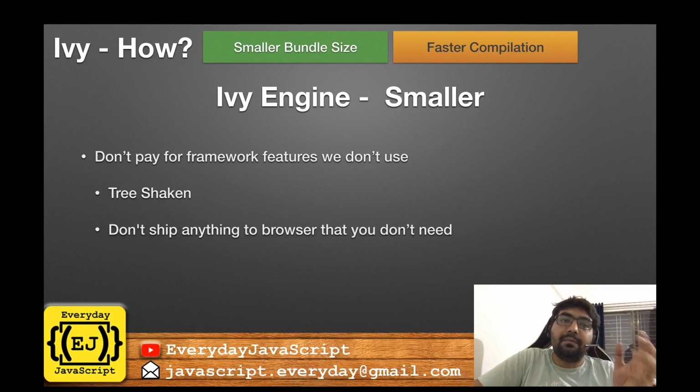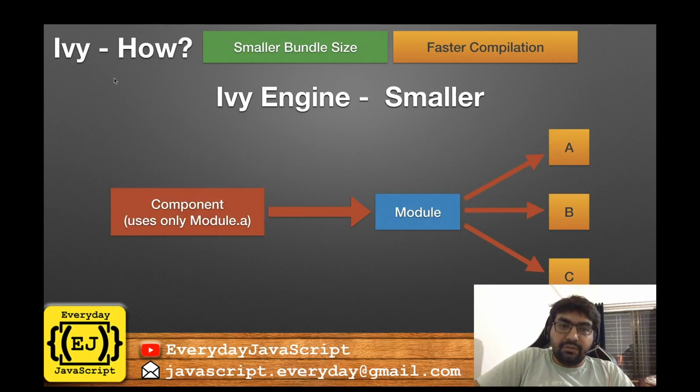Let's say my component is using only the A feature of our module, and that module exports A, B, and C. That means that I am not using the B and C features of the module, and still it used to be compiled and bundled with View Engine. But with Ivy, if I am using only the A part of the module, B and C will not be bundled, and hence my bundle sizes would be smaller.